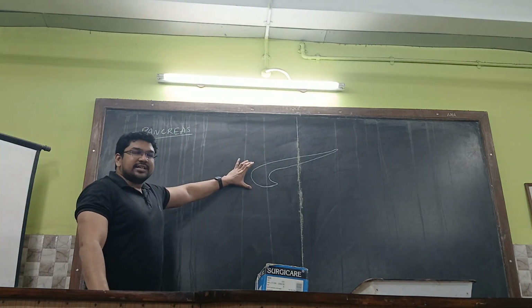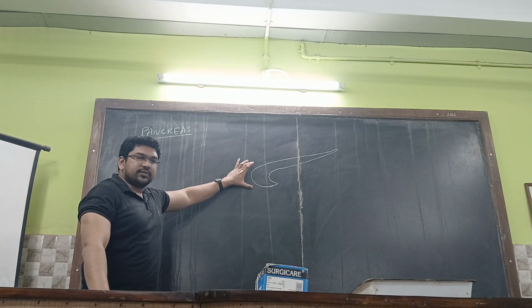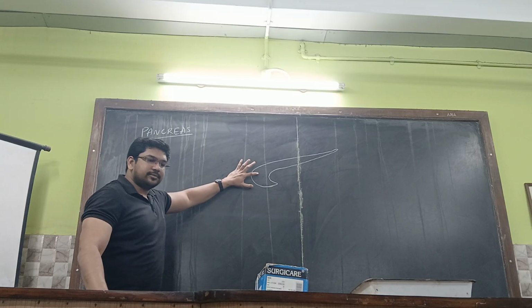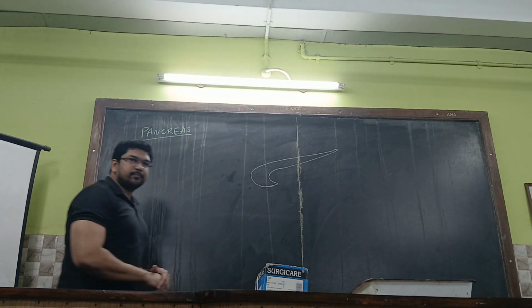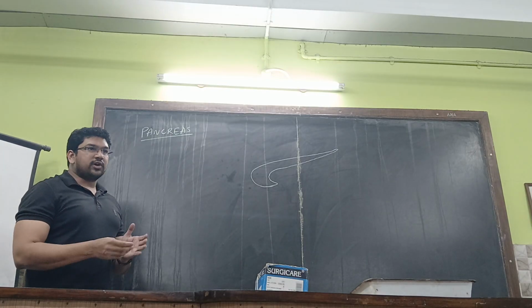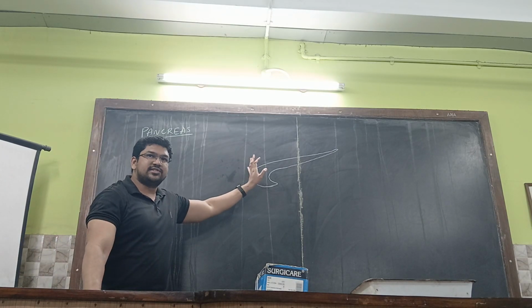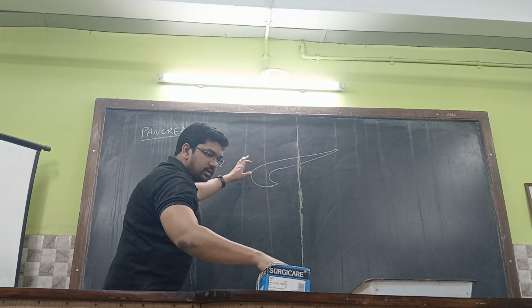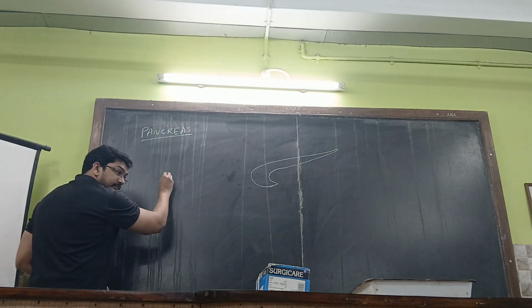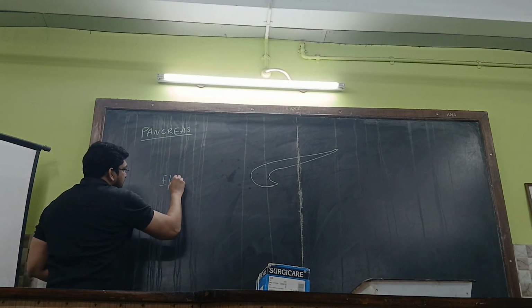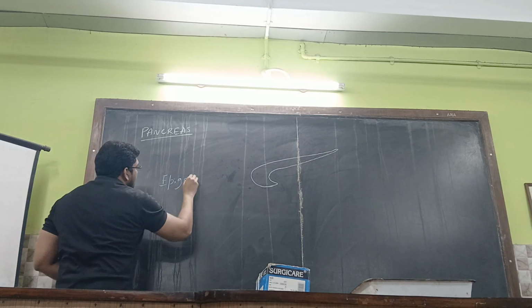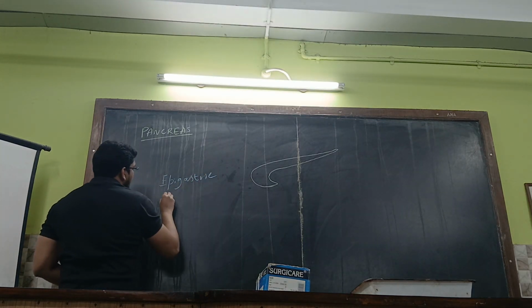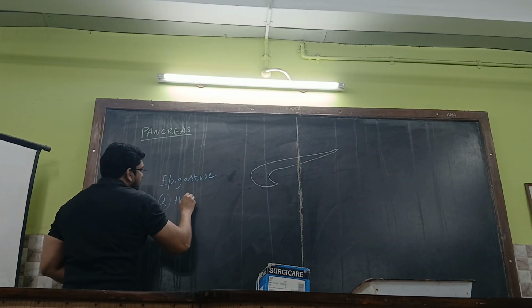So what are the parts of the pancreas? First of all, which part is the head? First of all, where is it situated actually? The pancreas is situated in the epigastric region and left hypochondriac region.